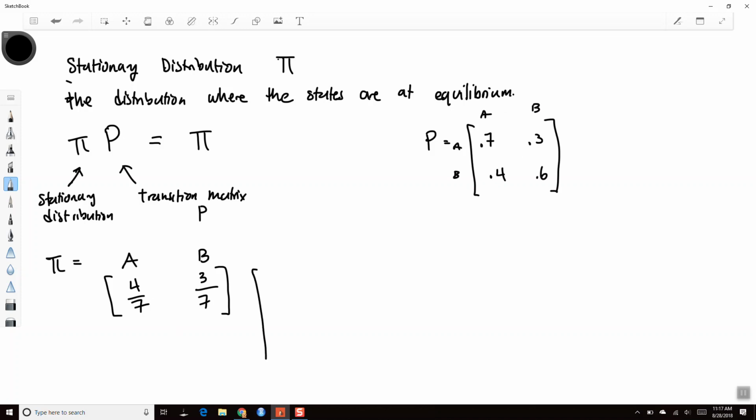Okay, and so if I multiply this by this, and we say, okay, how much will go from A to A and A to B and things like that, everything ends up being equal. So A to A will be 4/7 times 0.7 plus B to A, which will be 3/7 times 0.4.